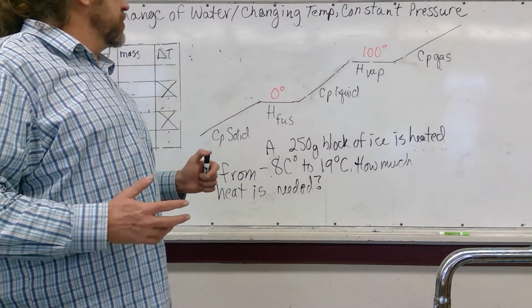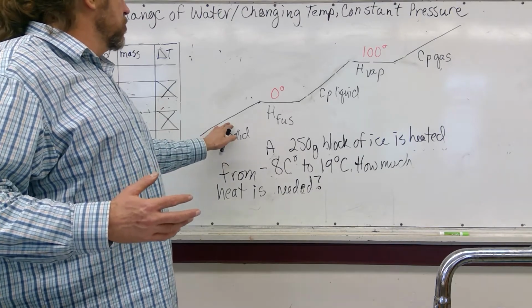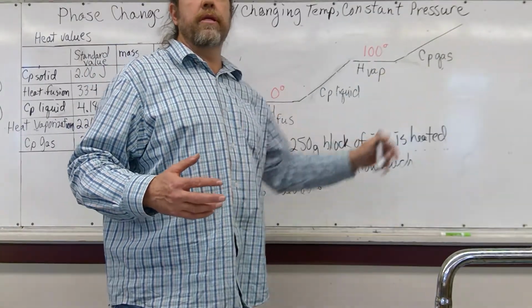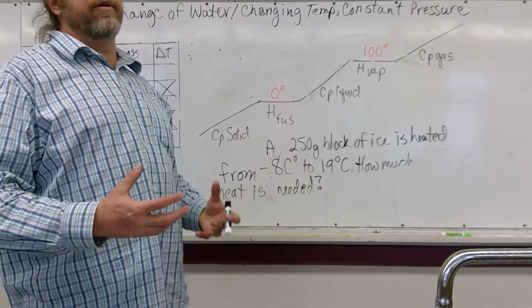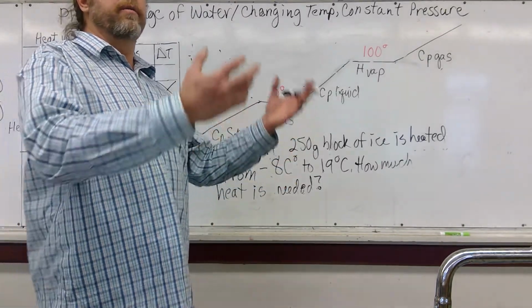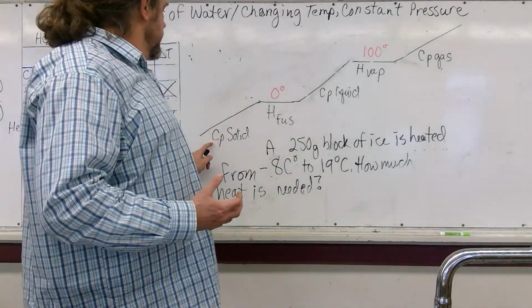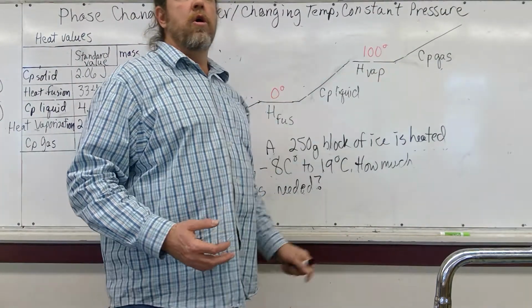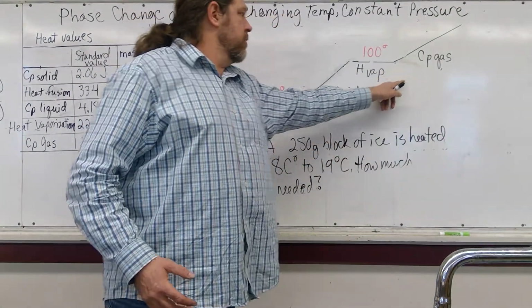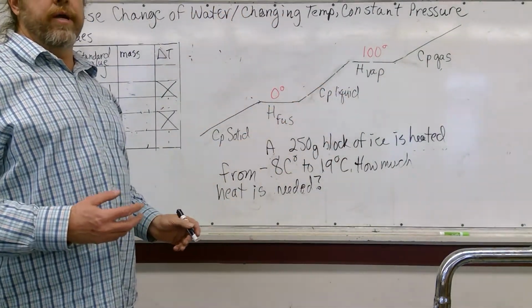And it is at these changes of state between solids, liquids, and gases that a lot of energy is required, to either be absorbed endothermically to move in this direction or to be shed exothermically to move in that direction.